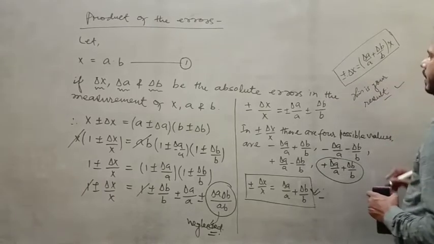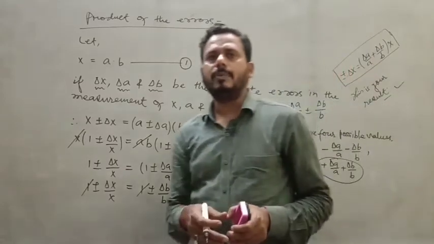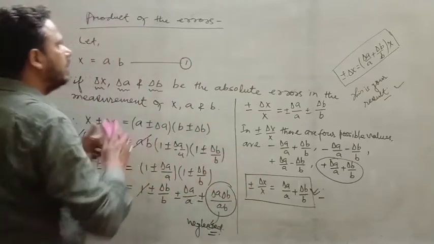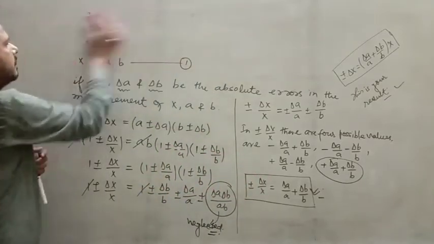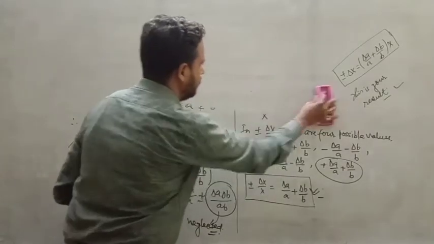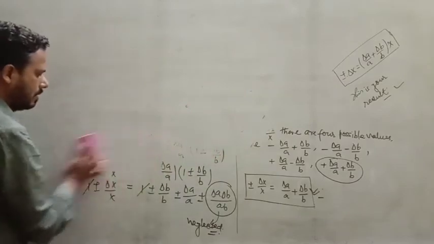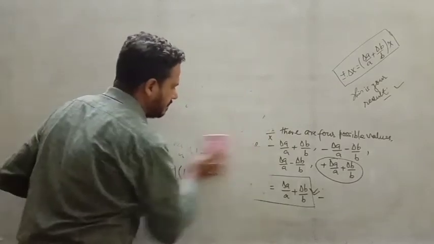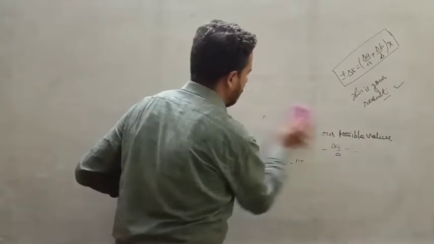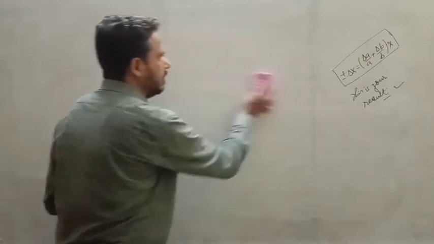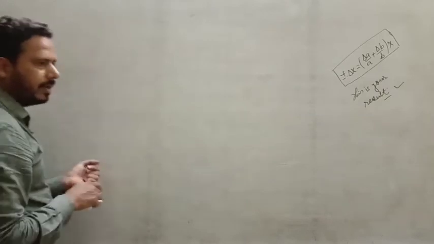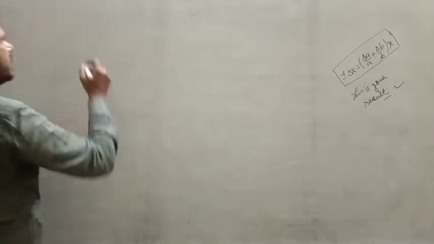And now from here we can take an example for the product of the errors. So simple. Here we can see an example. An example is just like a question.